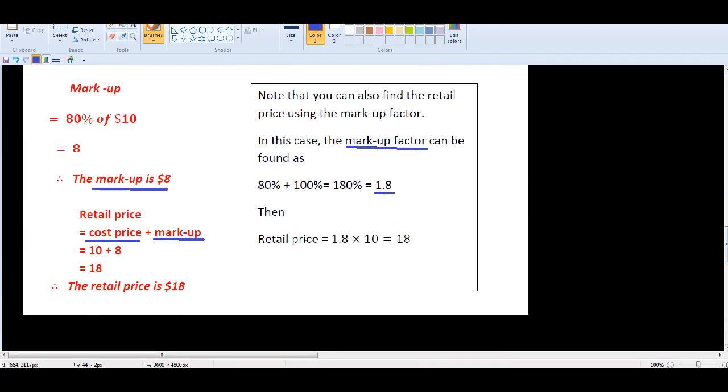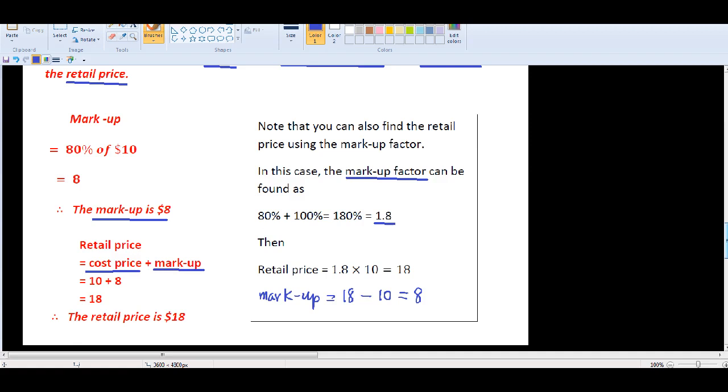So exactly what happens here. You get markup factor times the cost price, which is 10, so it becomes $18. So you see the answers are the same for retail price. So how could we find the markup? You could use the final retail price and take away the cost price, and the difference will be the markup.